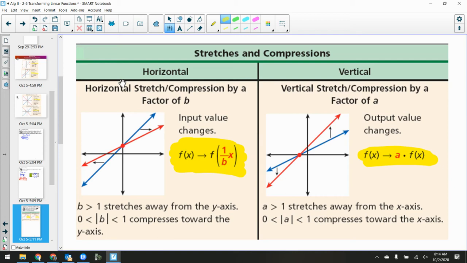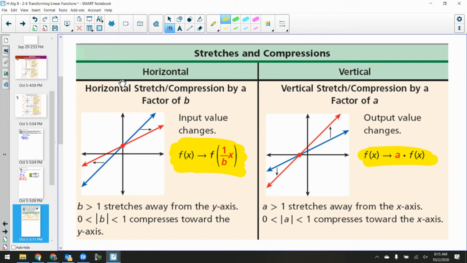That means f of x is going to map to f of 1/8 x. So 1/8 x goes in. So my new g of x is going to be 2 times 1/8 x plus 3.